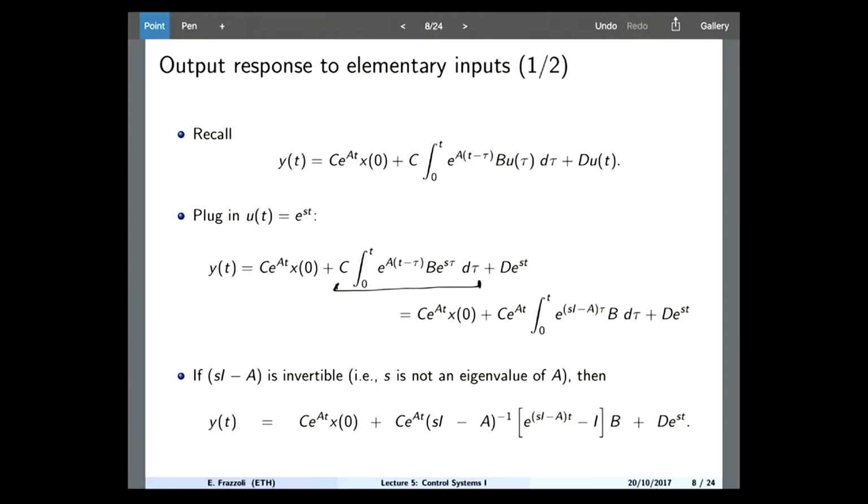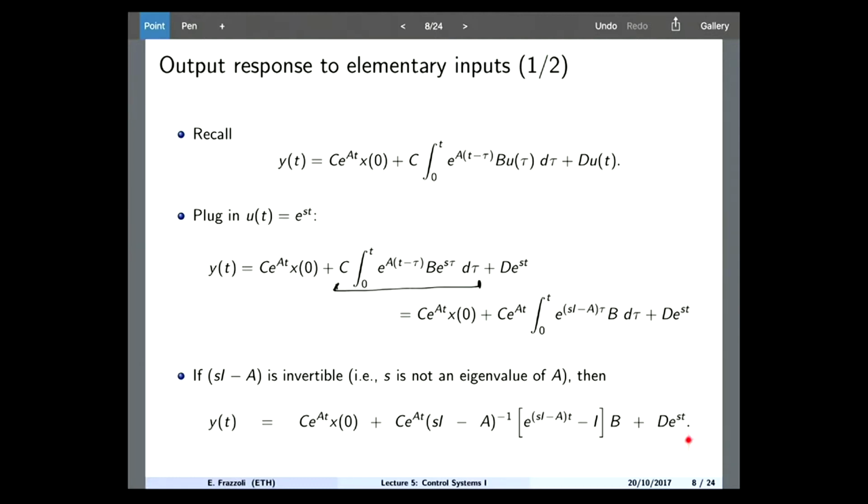It's essentially the same way that you would compute this integral if a was a scalar. In particular, if sI minus A is invertible, that is, if you can compute (sI minus A) inverse, i.e. you can divide by s minus a if a were a scalar, then you do the math, and this is the result of that integral.